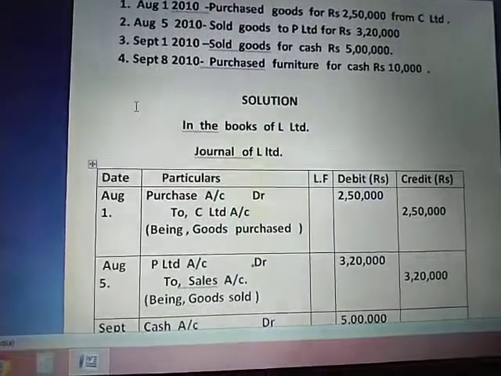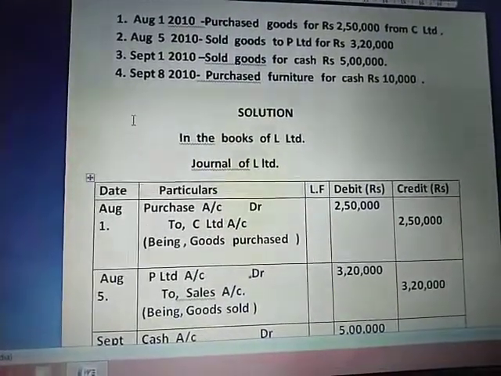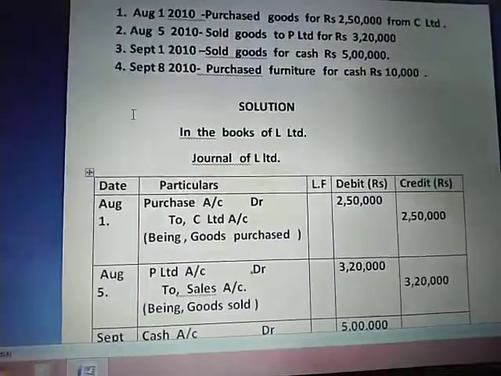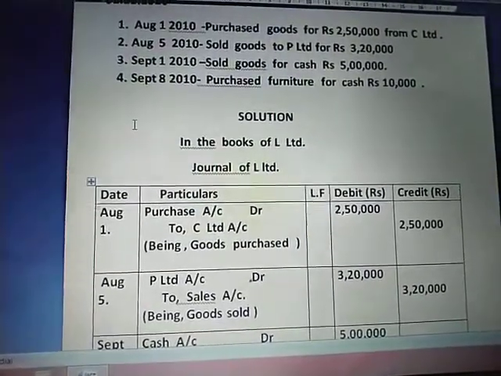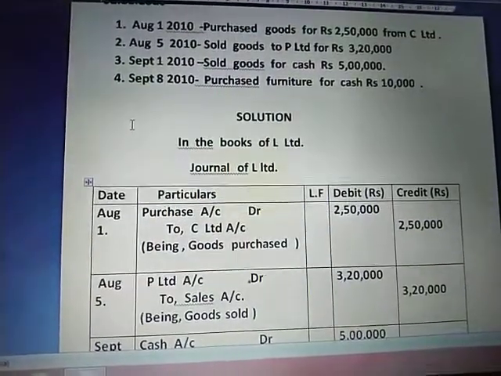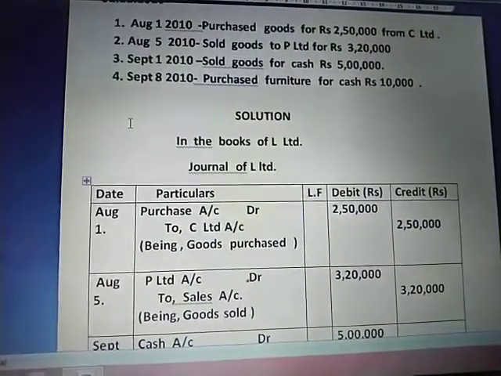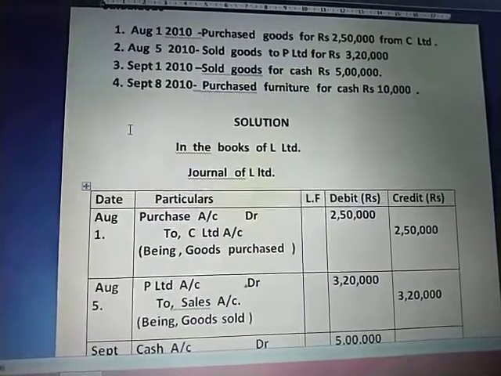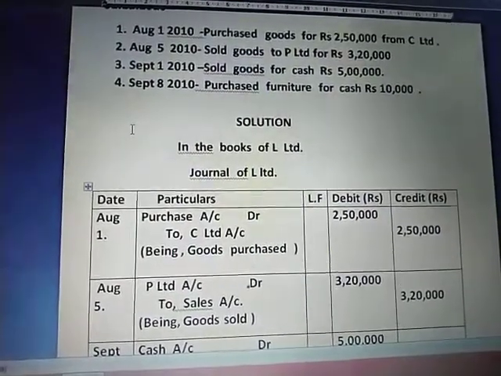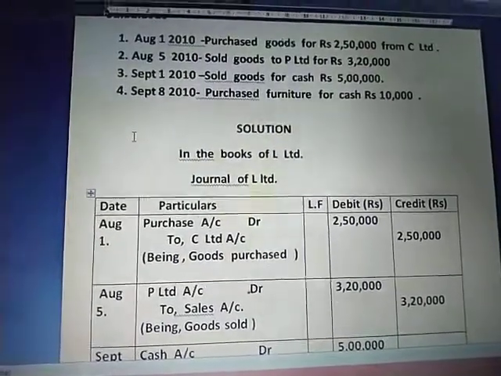The necessary entry for the first transaction will be purchase account debit to C Limited account. Now according to the rules of posting into ledger, I told you yesterday that whatever account is being debited, we will record that entry with the other account that is being affected by the transaction, on the same side.